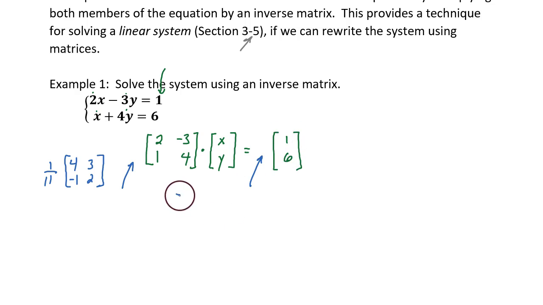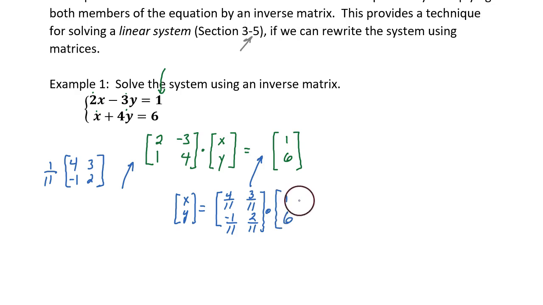So when we do that, we're going to have x, y equals, and now our inverse that we figured out, it's 4/11ths, 3/11ths, -1/11th, and 2/11ths. I'm writing that on the left side of the matrix that had 1 and 6 in it. Then when we actually perform that multiplication, we will have solved for the x and the y. So let's do that next.